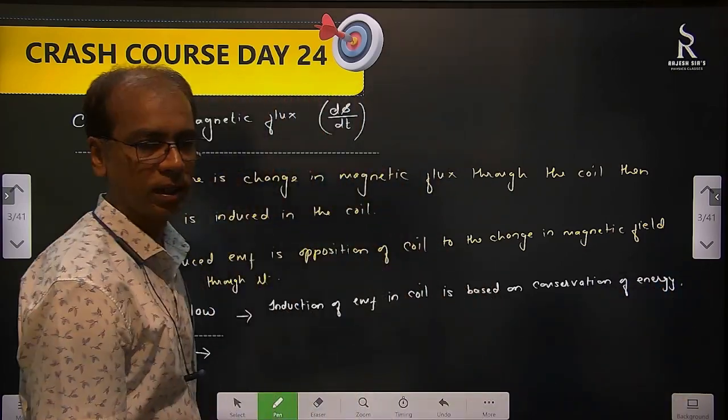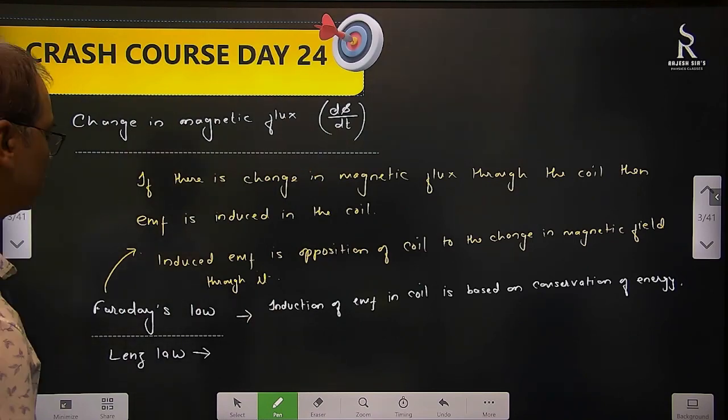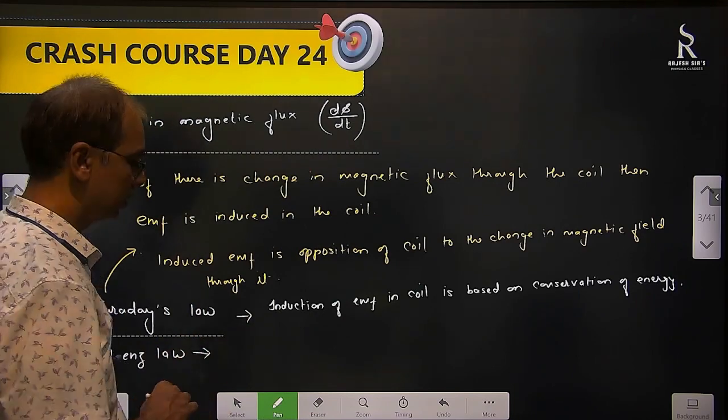Okay, how, I'll tell you. But induction of EMF in a coil is based on conservation of energy. And what does Lenz law say? It gives us the direction of induced current.